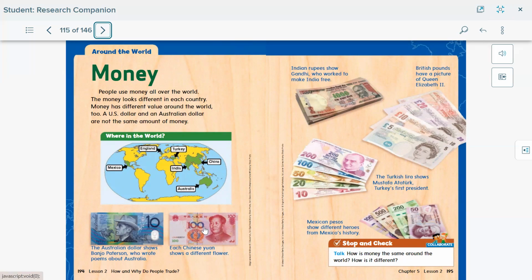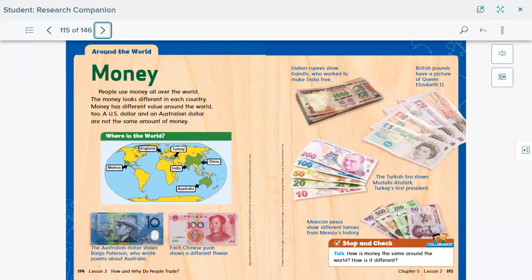Now this is a Chinese yuan. The Chinese yuan shows different flowers. And then this is an Indian rupee, which shows Gandhi, who worked to make India free. And then we have the Turkish lira, which shows Mustafa Ataturk, Turkey's first president. And then we have the British pound, which has a picture of Queen Elizabeth II.